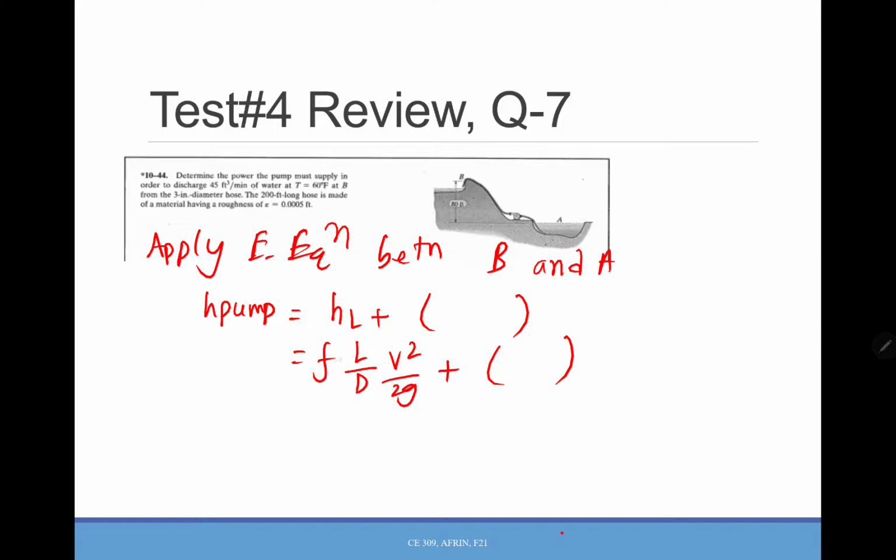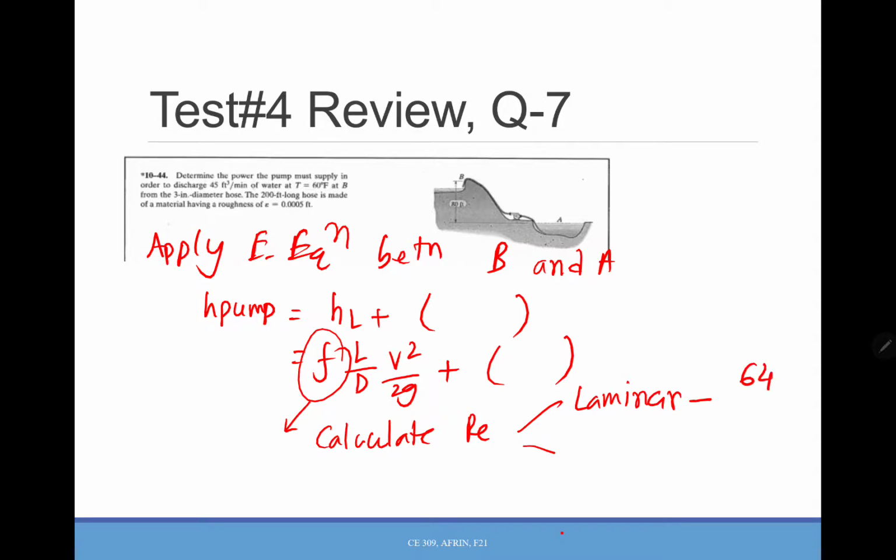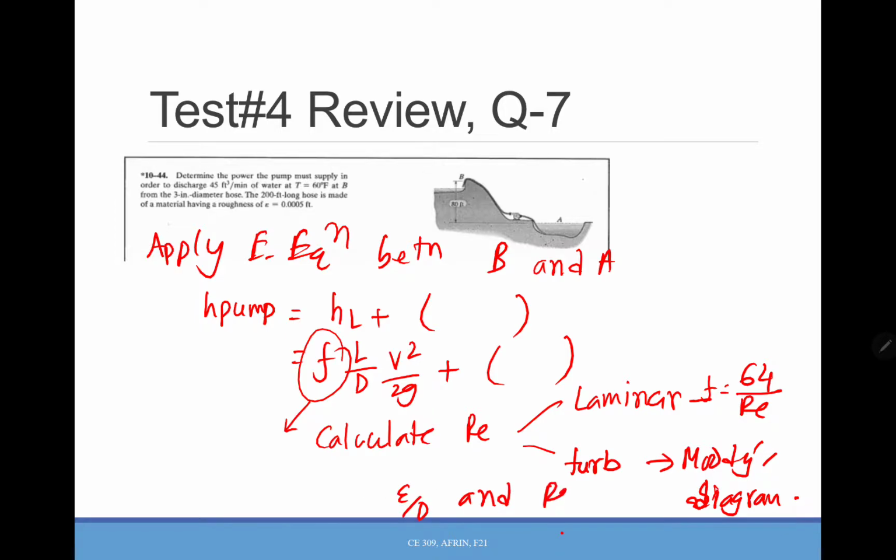Now you will see you don't know the f, so calculate the Reynolds number to see if it's laminar. If it's turbulent you need to use the Moody diagram, for which you need epsilon over D and Reynolds number.